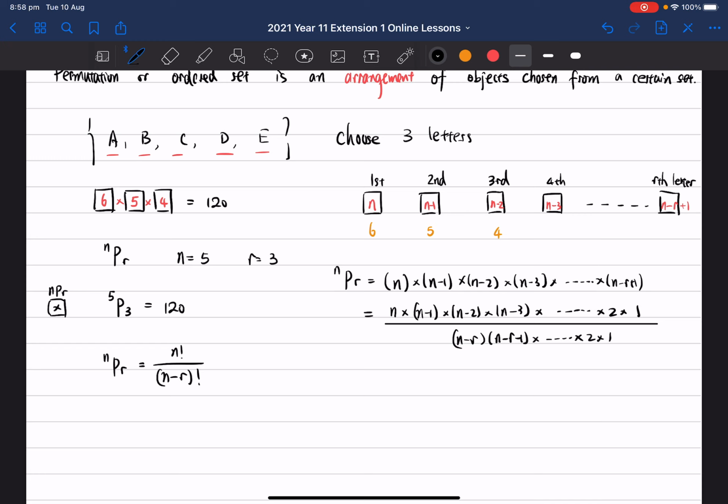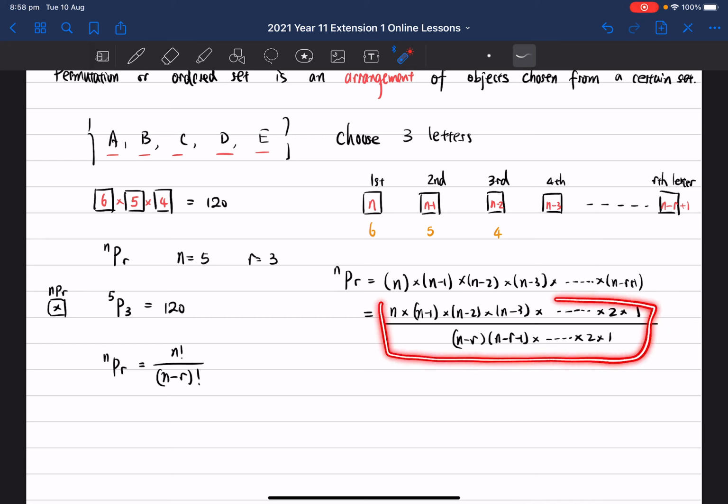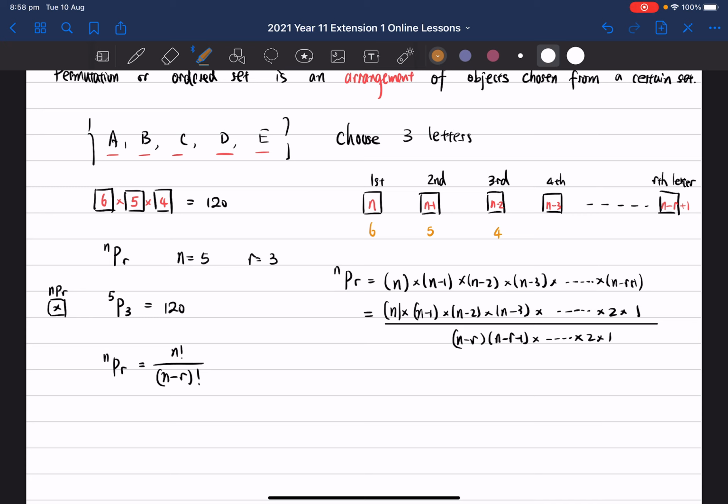For those of you who don't understand what I'm doing right now, have a look at this expression here, and now have a look at this fraction. Let's compare everything. I'm going to highlight everything that's the same. This is the same, this part is the same, that is still the same. Now for the remaining part, where does this one go, and where does this one come from? And how can we have those?